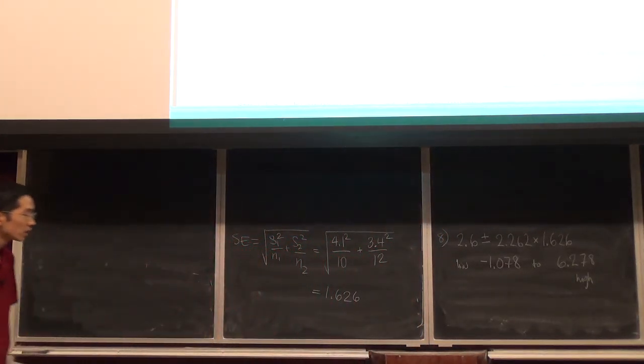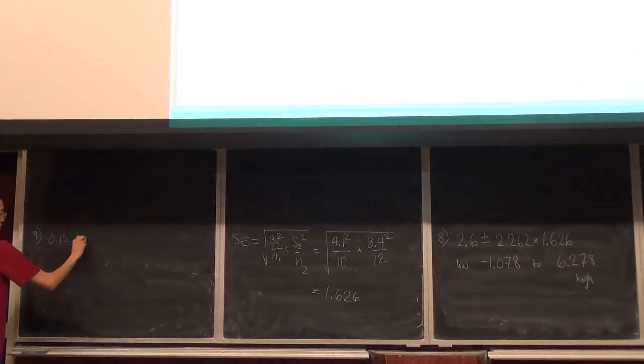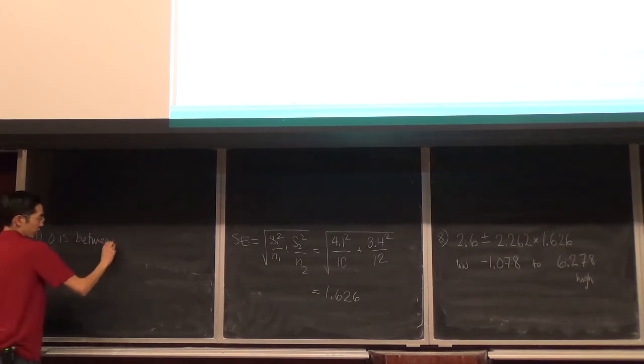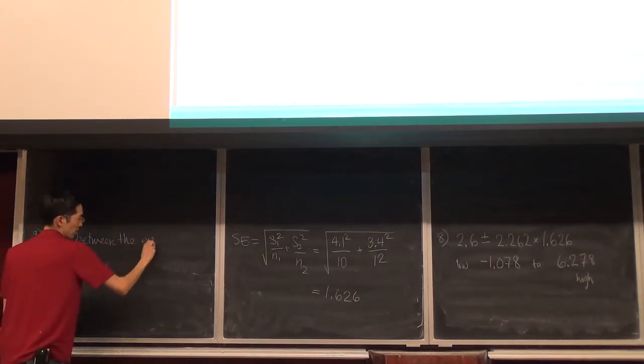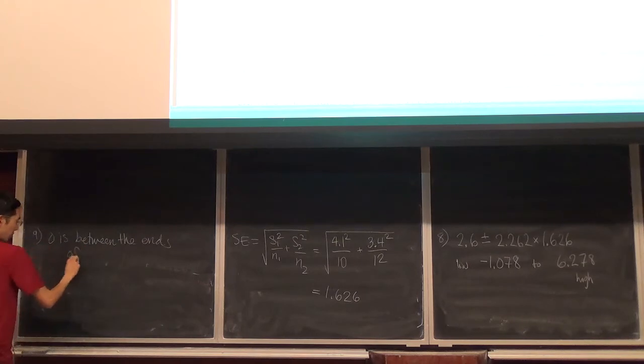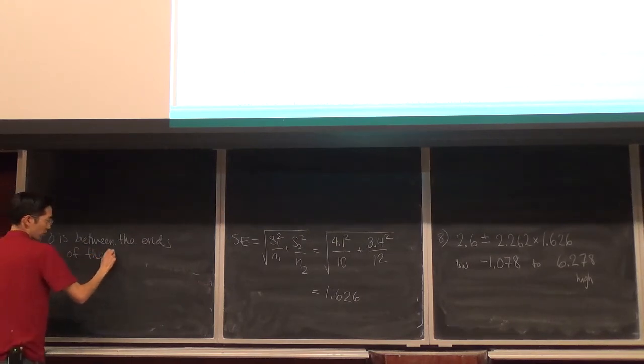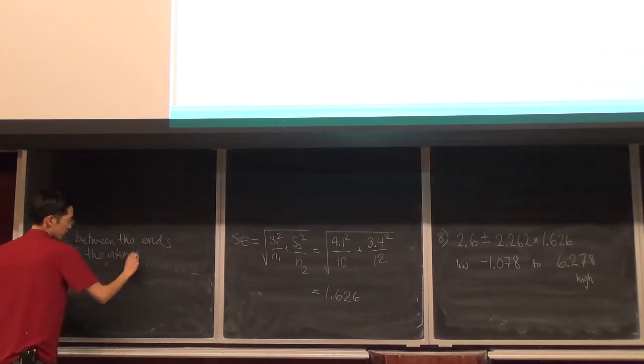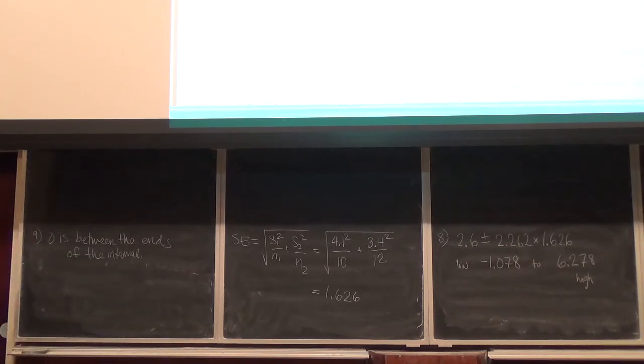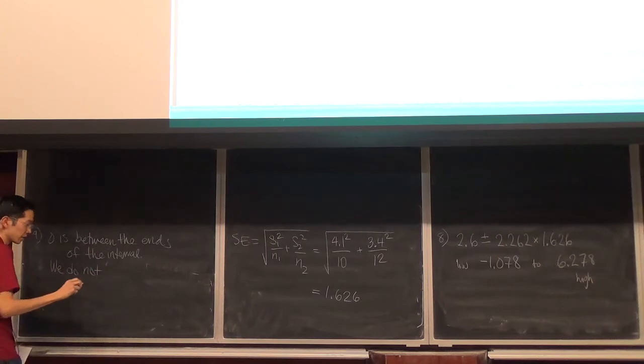Okay. So 0 is in between the ends of our interval. Okay, so 0 is within the interval. That means we do not have evidence that there is a difference.